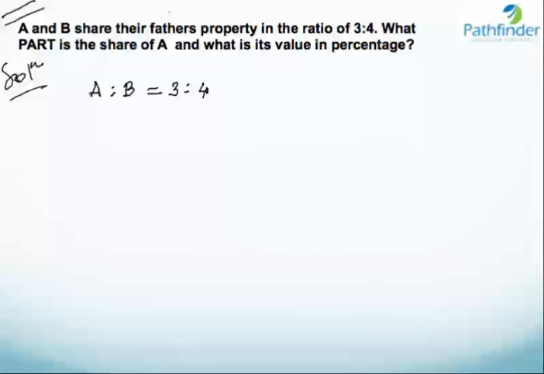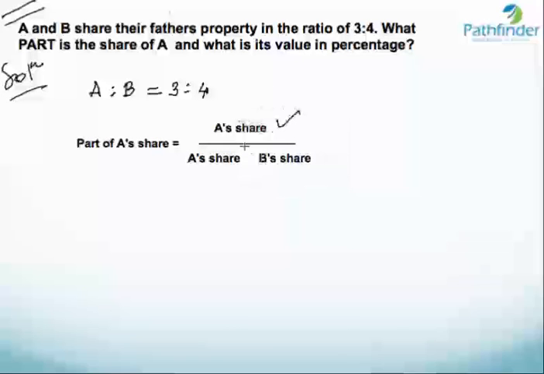Now we need to calculate the part of A's share. Part of A's share is nothing but A's share divided by A's share plus B's share. So let us calculate that. So what is A's share?